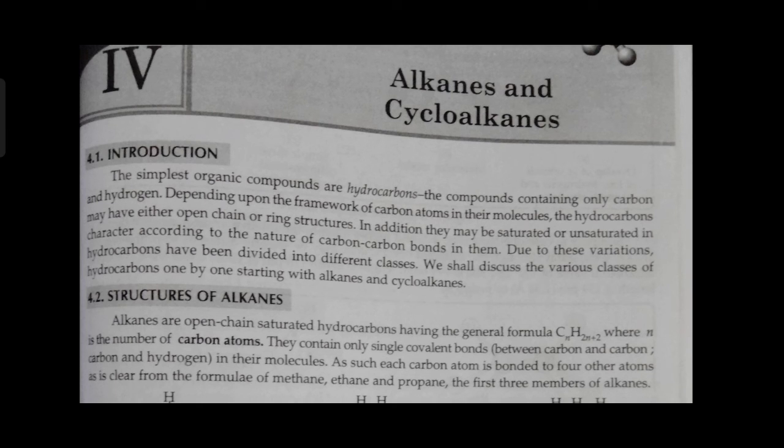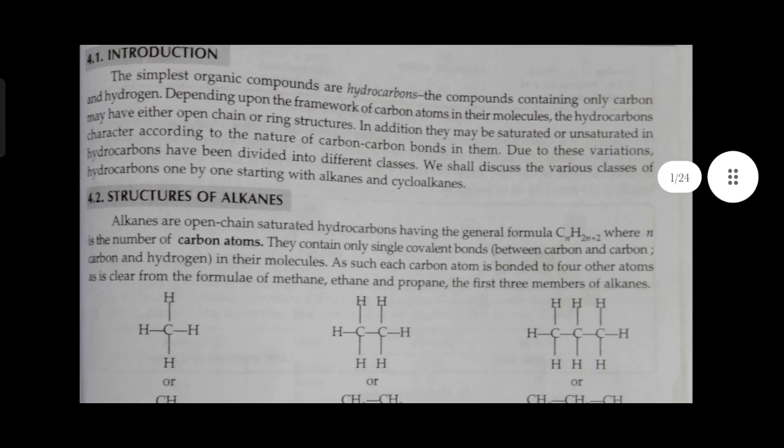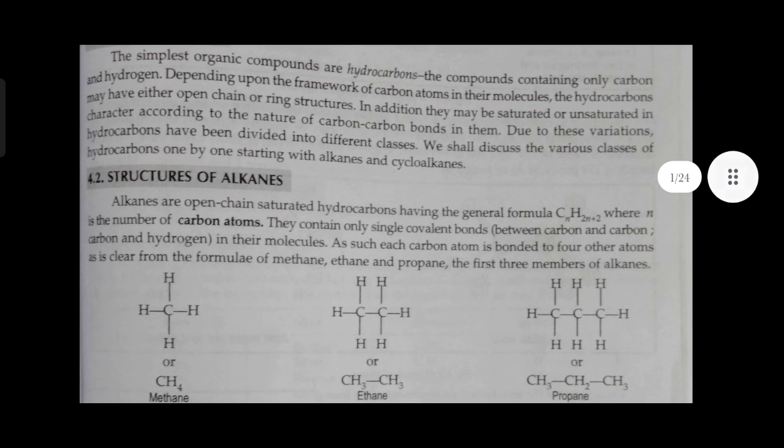Now, structures of alkanes. Alkanes are open chain structured hydrocarbons having the general formula CnH2n+2, where n is the number of carbon atoms. They contain only single covalent bonds in their molecules.